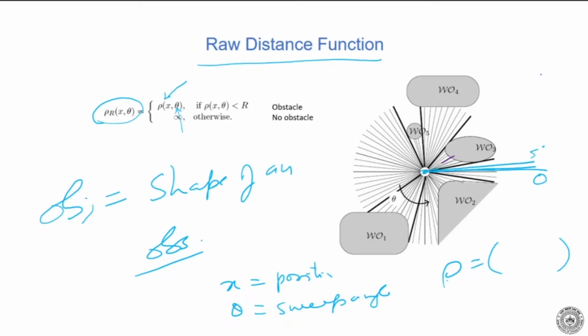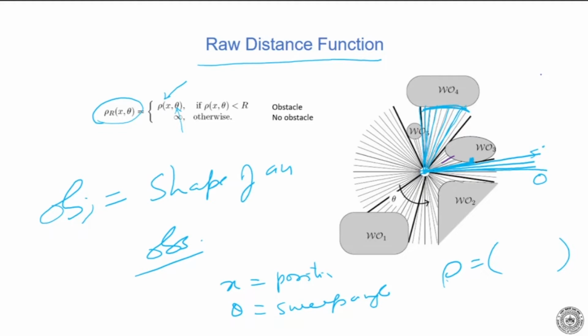At 2 degrees, 3 degrees, 4 degrees, 5 degrees here, now there is an obstacle here. Okay, so this is the distance function which will give me this distance now. Similarly, for different thetas, it is going to give me these distances, and these distances will indicate that there is an obstacle there. Okay, so now with respect to the position of the robot and the sweep angle, it knows exactly what the position of the obstacles is.